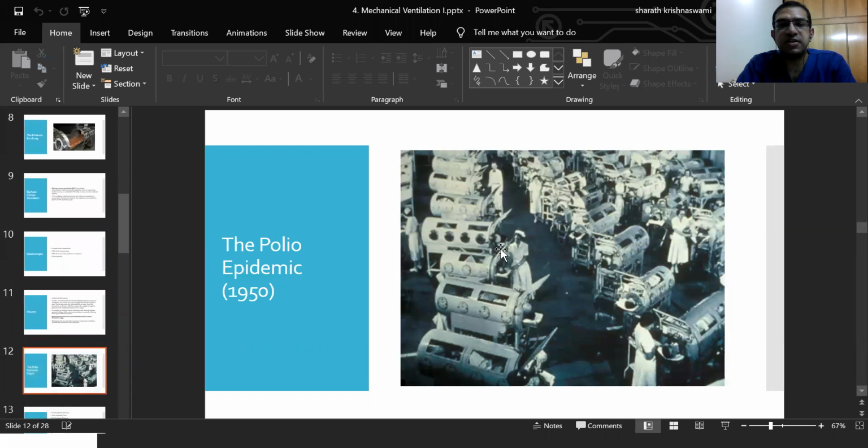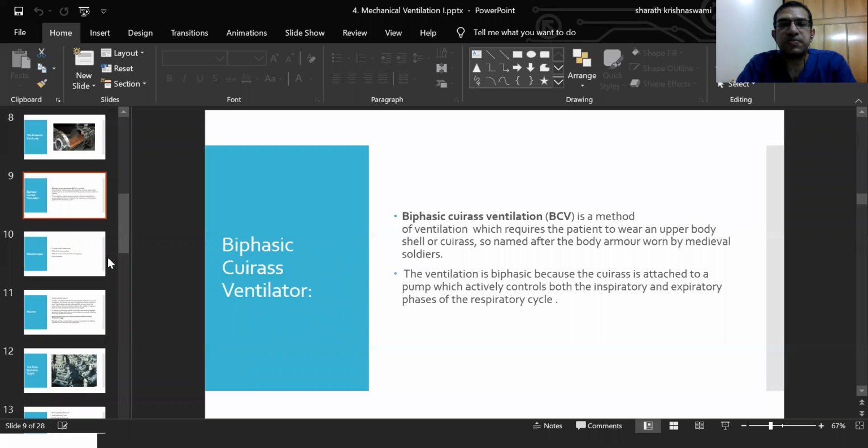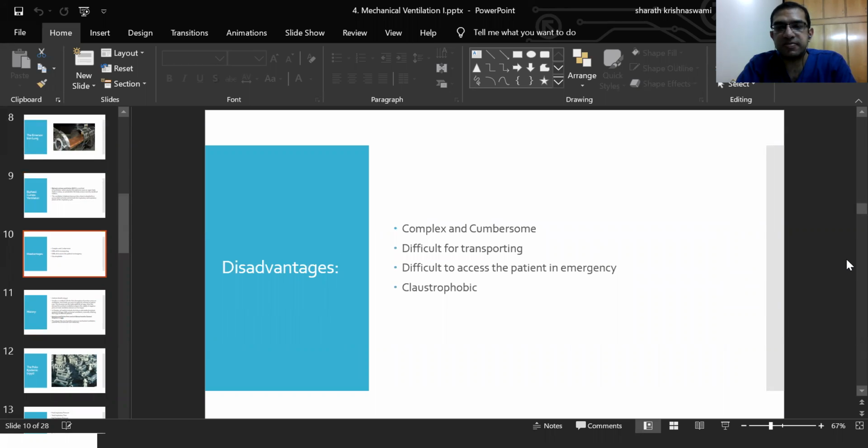However, the biphasic cuirass ventilation had its disadvantages. This was because it was complex and cumbersome, and it was difficult to transport this ventilator. In case the patient had an emergency, it was difficult to access the patient, and it was also claustrophobic.